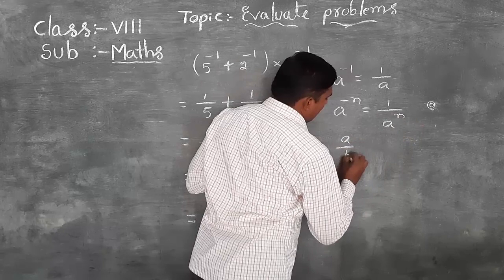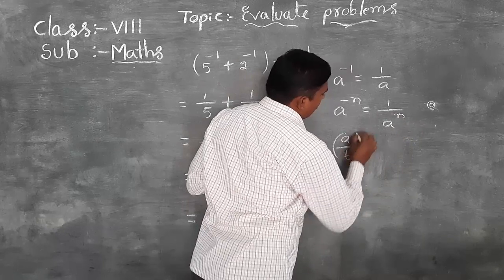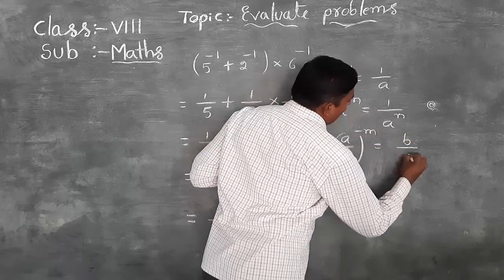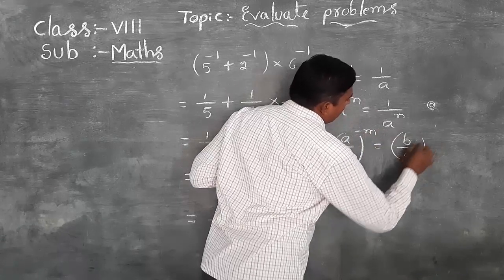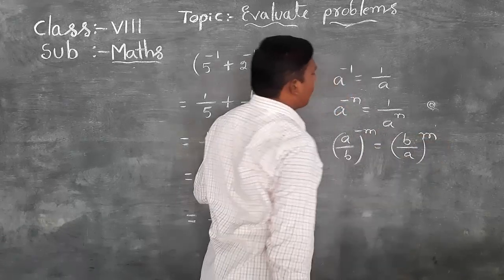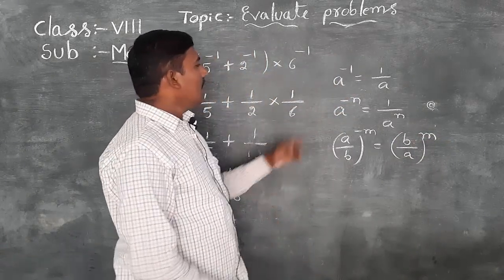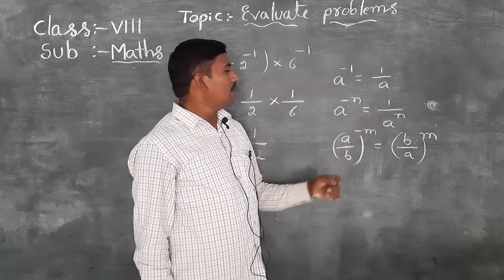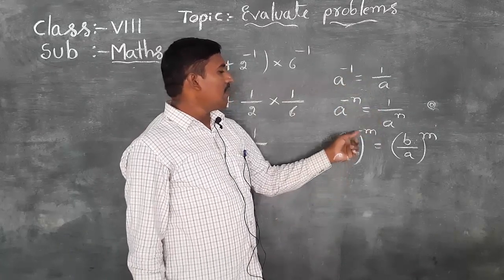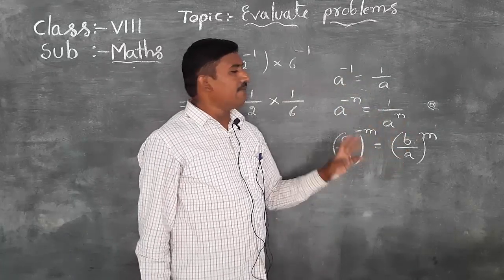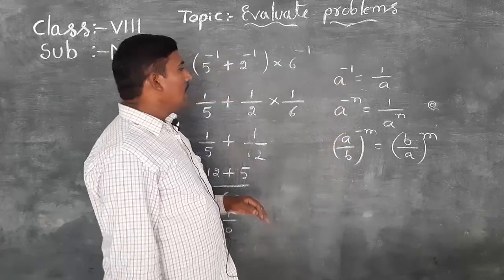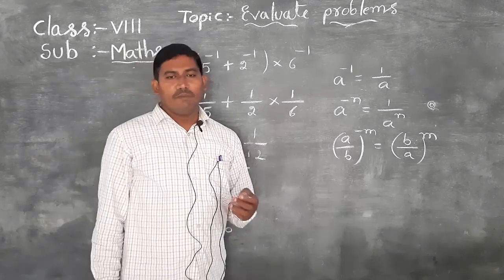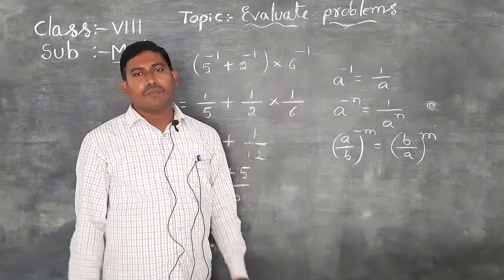A by B power minus m is equal to B by A power m. This formula also came. These are all formulas that came. Okay, next we will discuss still more problems to simplify. Okay, thank you.